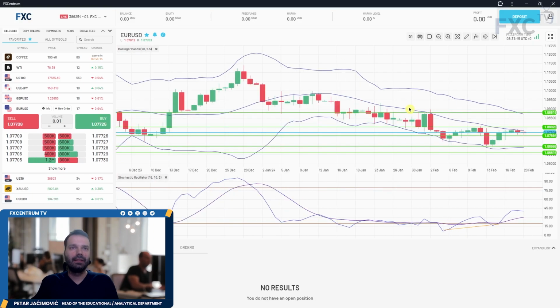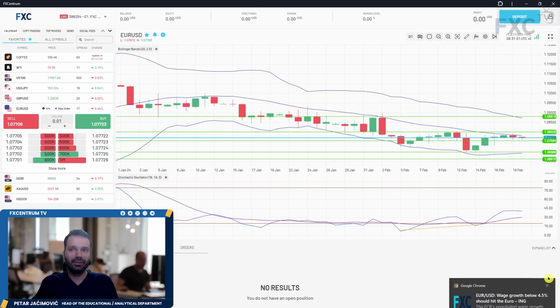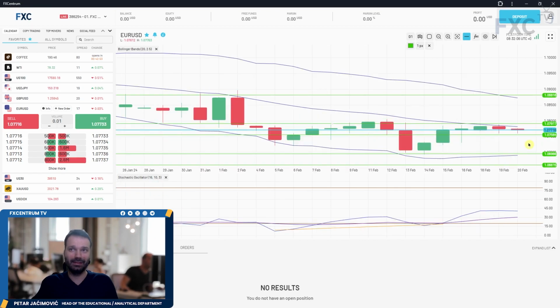Now, speaking of the euro versus US dollar, we identified this bullish divergence on the stochastic oscillator, and the market reacted towards the middle Bollinger Band. So that middle Bollinger Band and this mini consolidation is a key area now, and the 1.0790 mark is a key resistance.